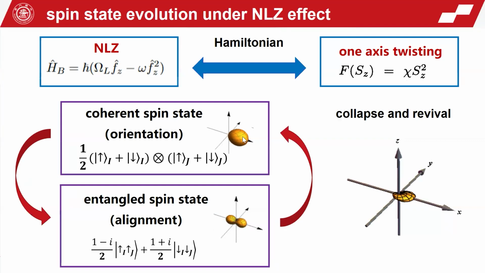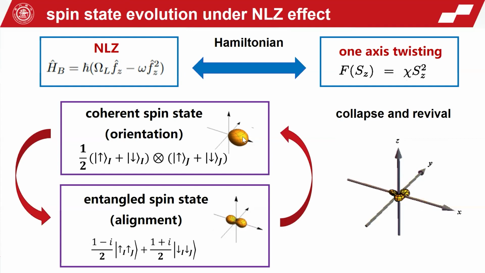F is the total angular momentum coupled from electronic spin and nuclear spin. And with the NLZ effect, the spin state can undergo collapse and revival, and keep converting between, we call it, orientation and alignment, these two states.